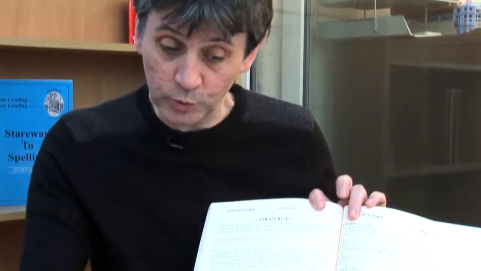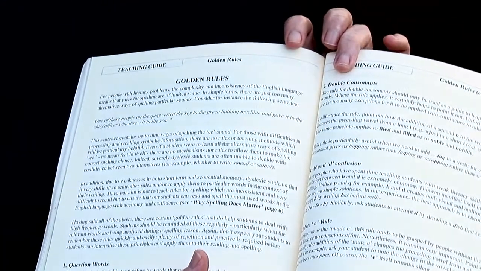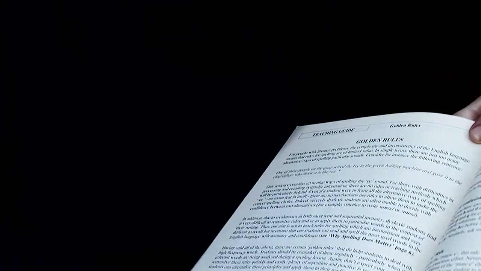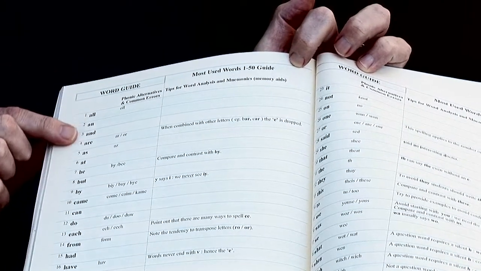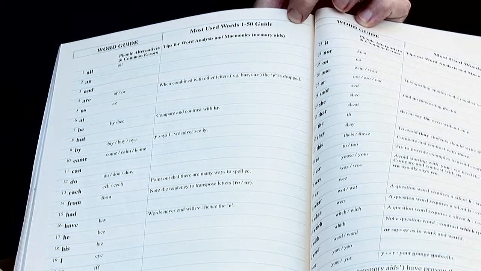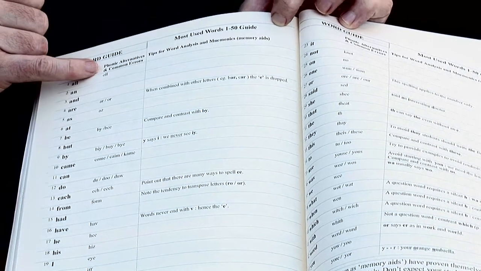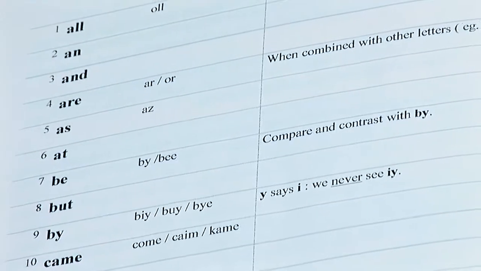Well, on page 66 of Stairway To Spelling, we have some golden rules which you can look at before you actually start to do the RAWS process. And overleaf, we have a word guide with all the words listed here in alphabetical order. Opposite the most used words, we have the phonetic spellings, the way that the words sound, and the common errors.